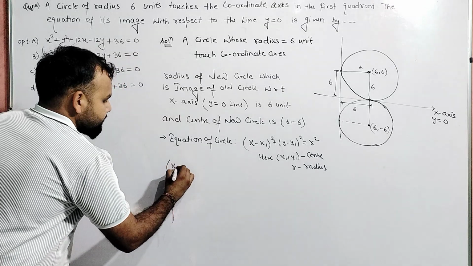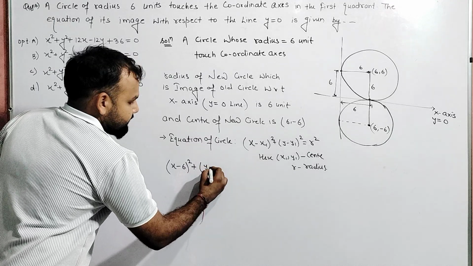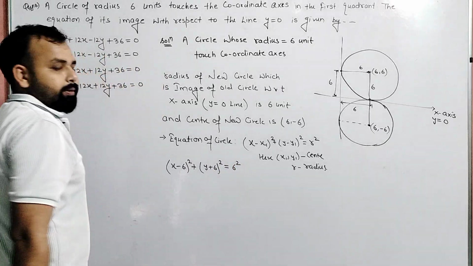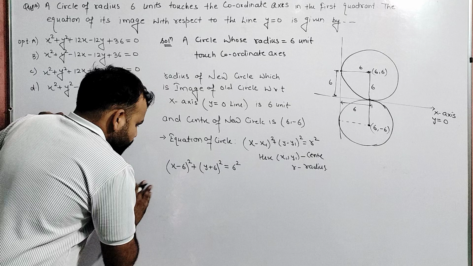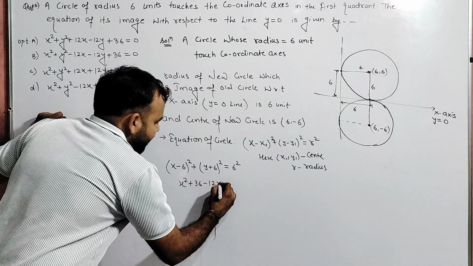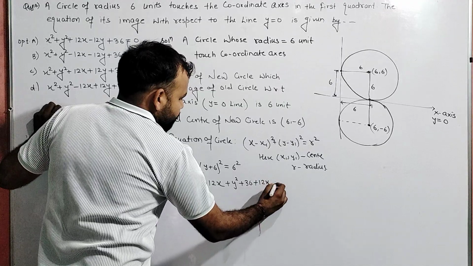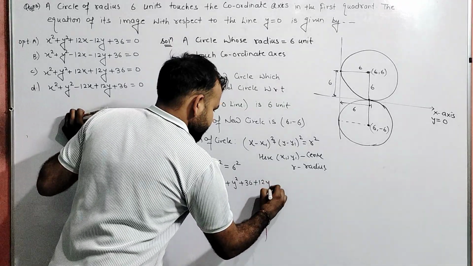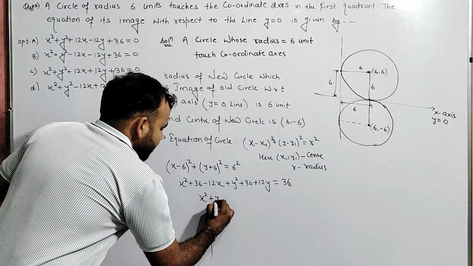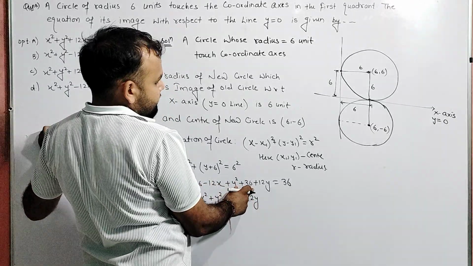So here (x minus 6) whole square plus (y minus of minus 6), that means (y plus 6) whole square, is equal to the radius 6 square. Okay student, so solving (a minus b) whole square, that is x square plus 36 minus 12x plus y square plus 36 plus 12y, equals 36. And you can see that x square plus y square minus 12x plus 12y, 36 and 36, 72.